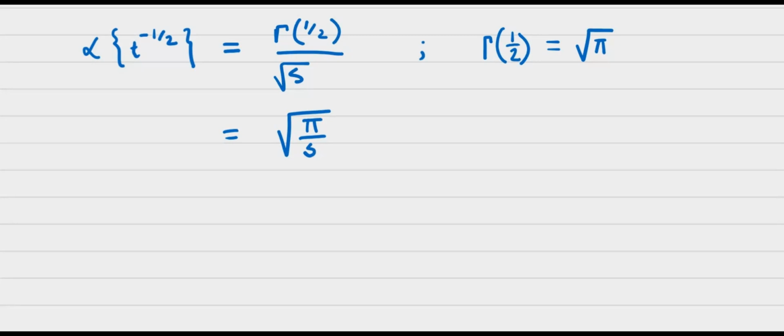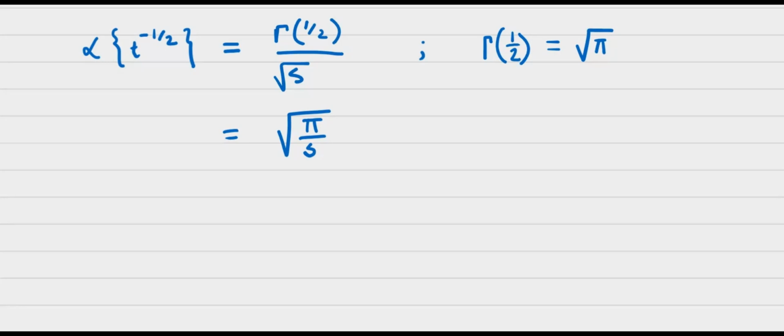This is also interesting for other reasons as well, because this particular function t to the power negative half doesn't satisfy the condition for the existence of Laplace transform, but it's still doable. So it's one of those examples where the conditions of Laplace transformation are sufficient, meaning that the transform exists, but if the transform exists, then the conditions are not necessarily satisfied.